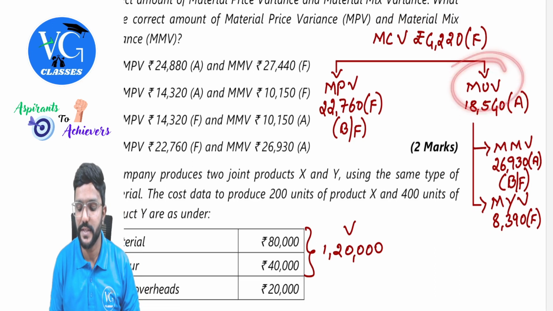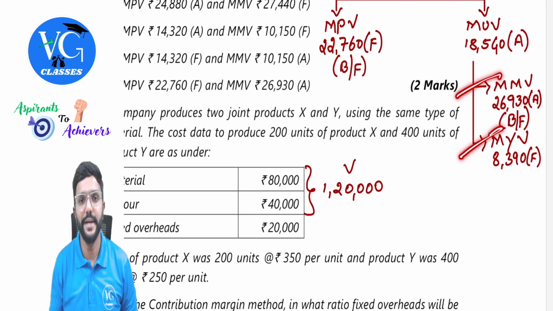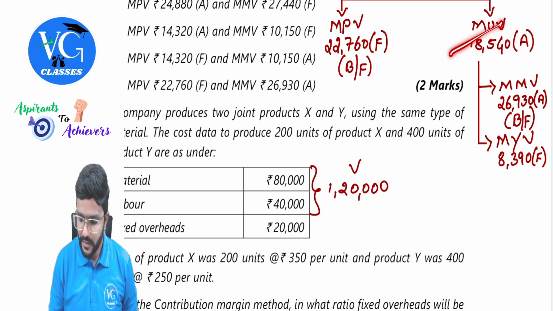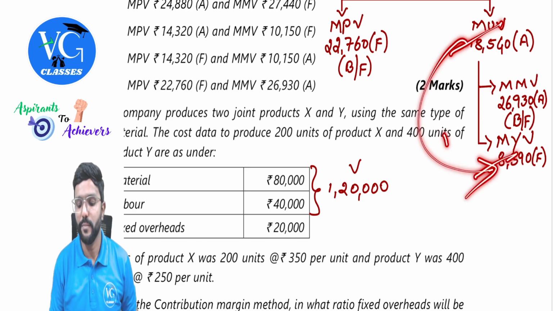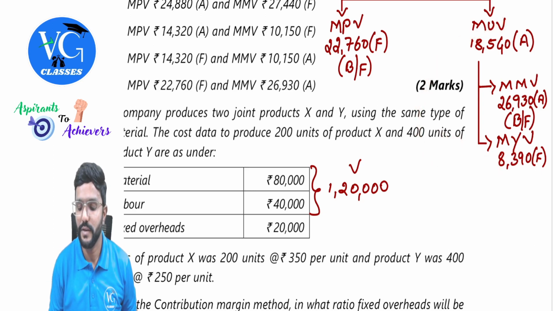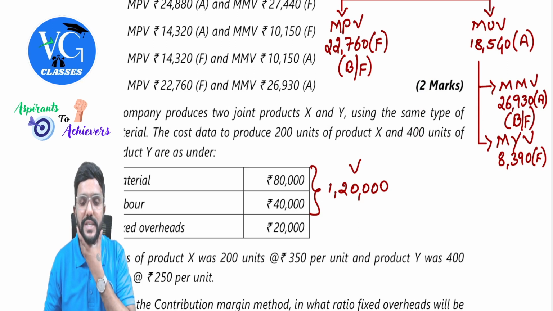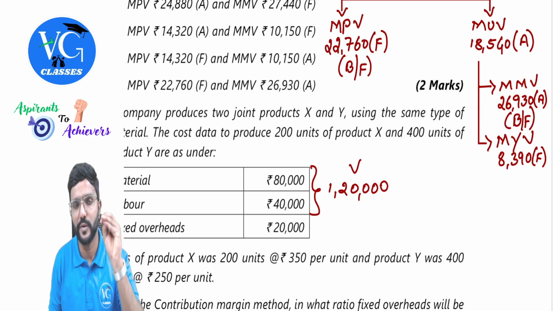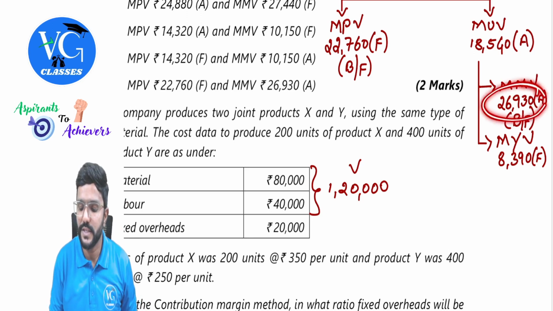So now usage variance is subdivided into mix and yield variance. Yield variance is given as 8,390 favorable. Now, one is adverse, one is favorable. So what should I do? Add up both, guys. You will get the balancing figure, 26,930. Cross check: 26,930 is adverse, this is favorable.